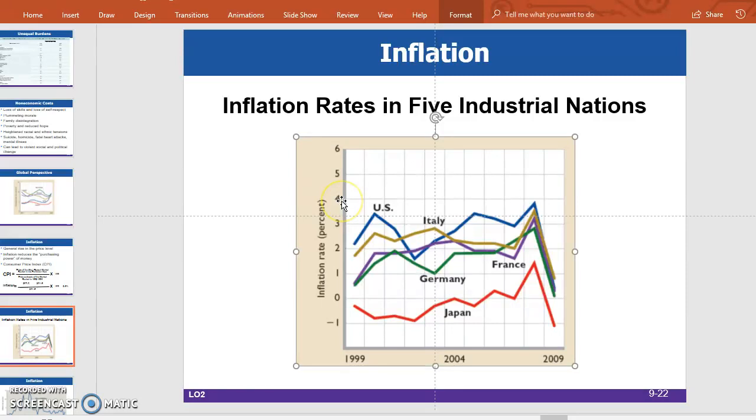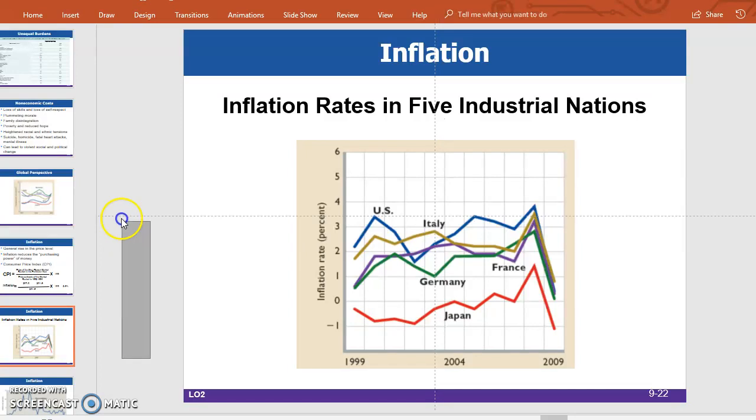US inflation was consistently below 4%, and often below 3%, during 1999 to 2009, which was really good. Inflation was under control, so there was less pressure on consumers, less concern that consumers would lose the purchasing power of money.